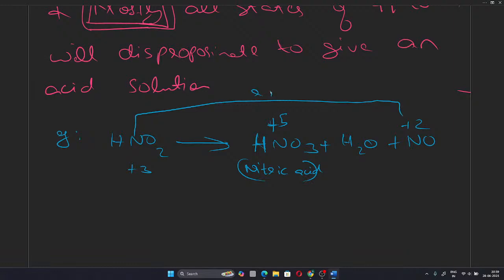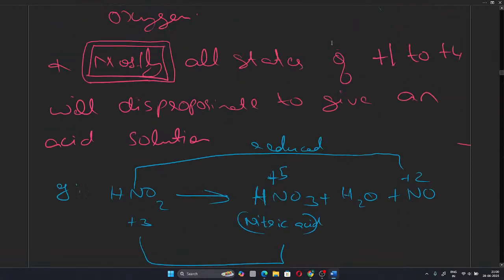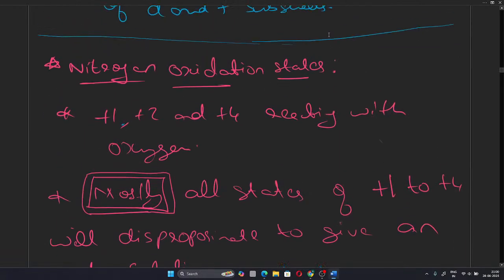Here it's getting reduced as oxidation number decreases, whereas here it is getting oxidized. This is what we call a disproportionation redox reaction. And this is the case for nitrogen.